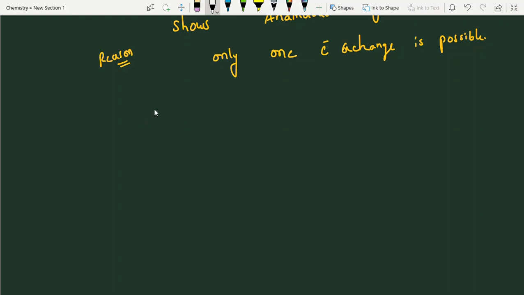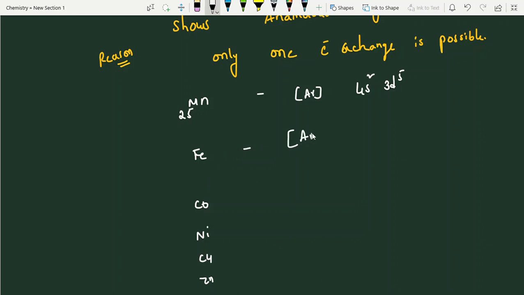Okay. Now next, after chromium: manganese, iron, cobalt, nickel, copper, zinc. Manganese 25. Tell me fast. This is argon. Yes, 4s2, 3d5. No changes, as it is. Whatever shortcut I give, you can follow.